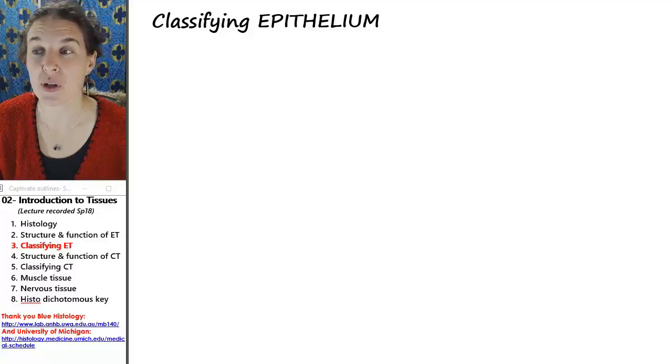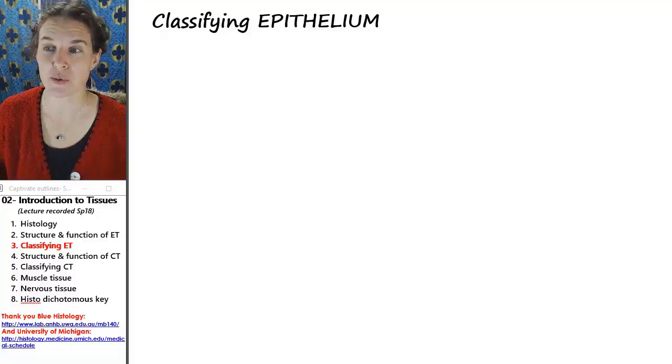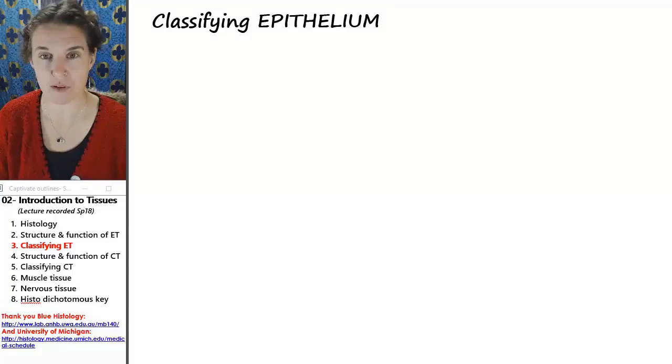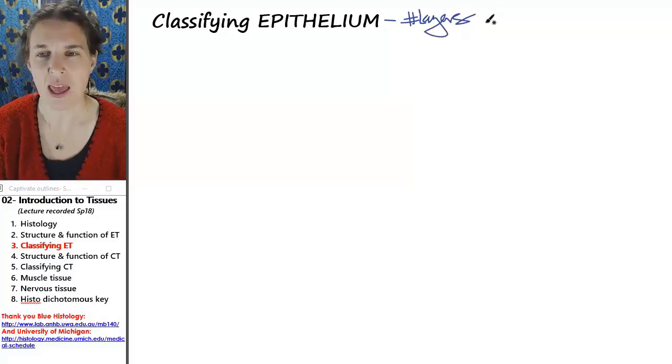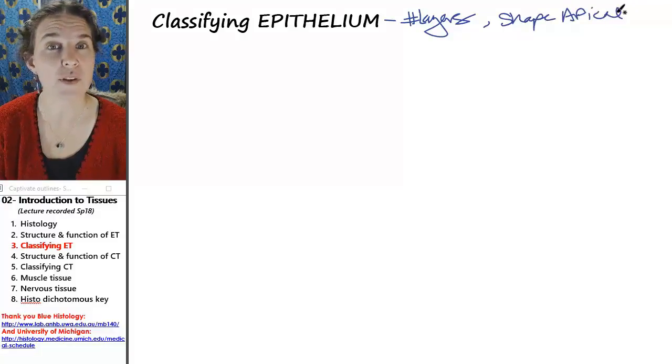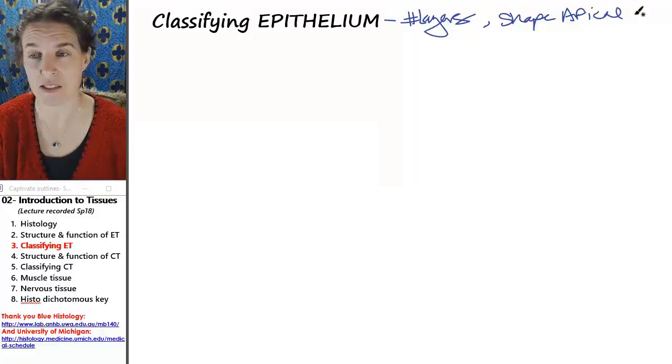There are two characteristics that we're going to use to classify epithelial tissues, and they are the number of layers in the tissue and the shape of the apical cells, or the cells lining the space.